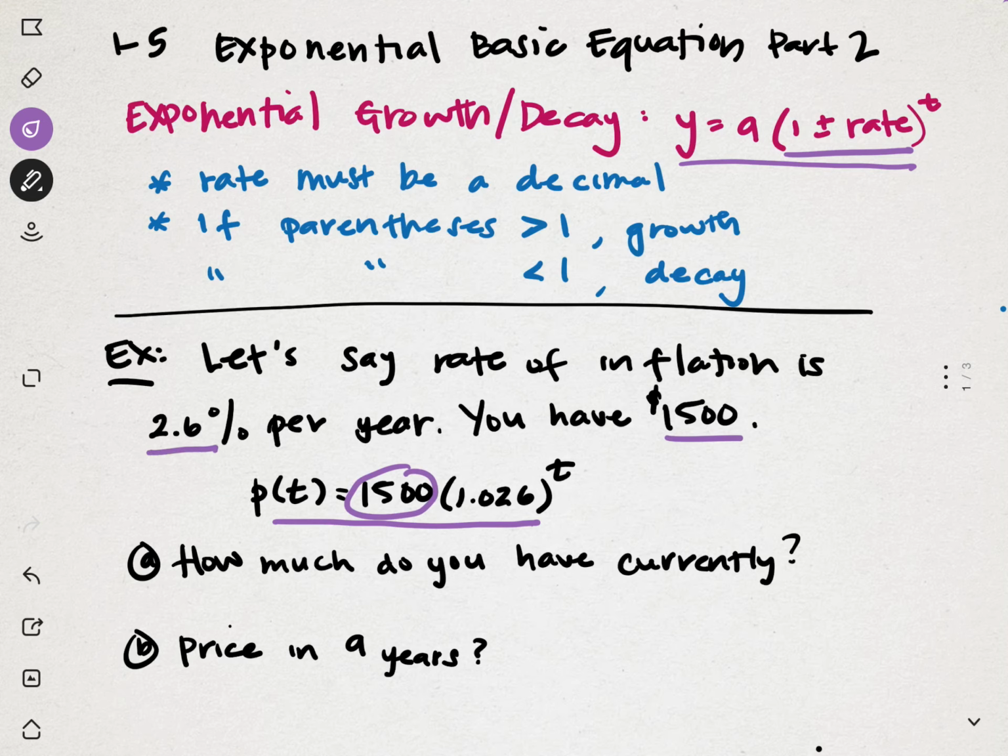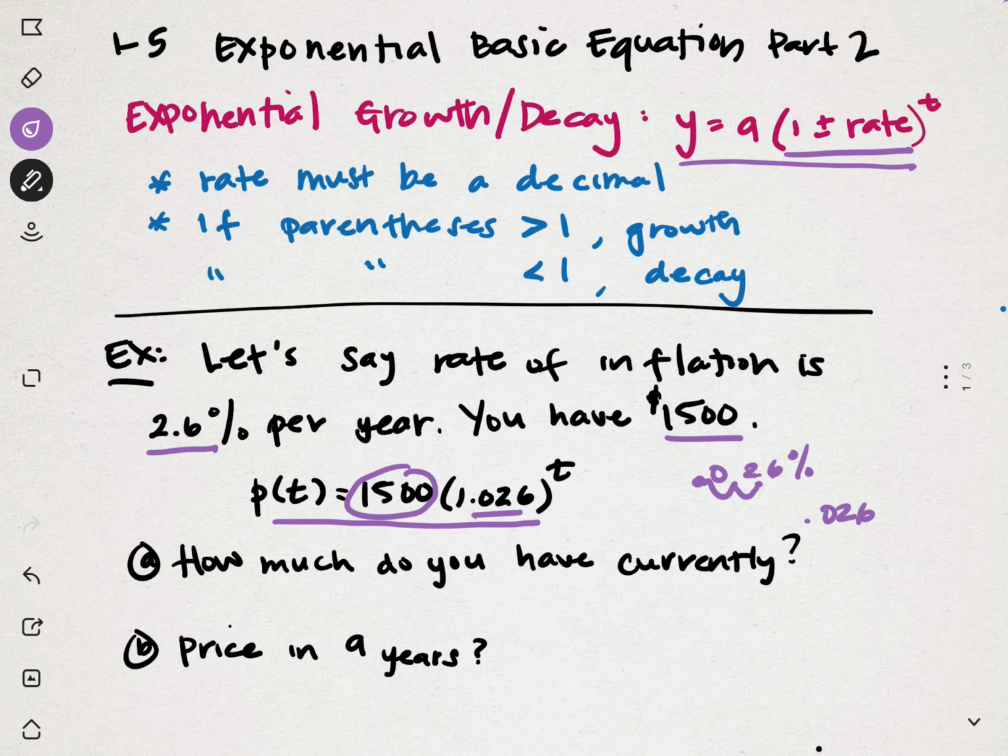Now, the inflation is 2.6%. So when we have 2.6%, if we want to change a percent to a decimal, we can move this decimal point twice to the left. It would be 0.026 as a decimal here.